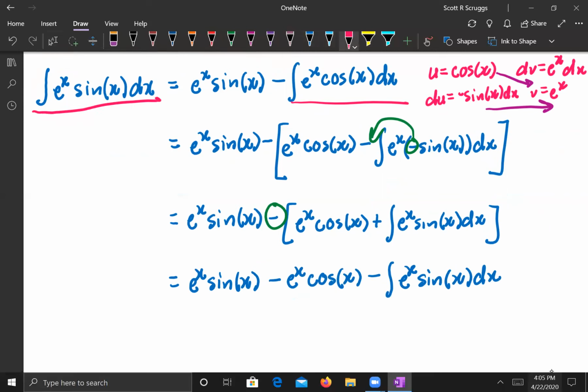And so now I'm at a problem where after a few iterations of integration by parts, I will still loop back to the original problem.